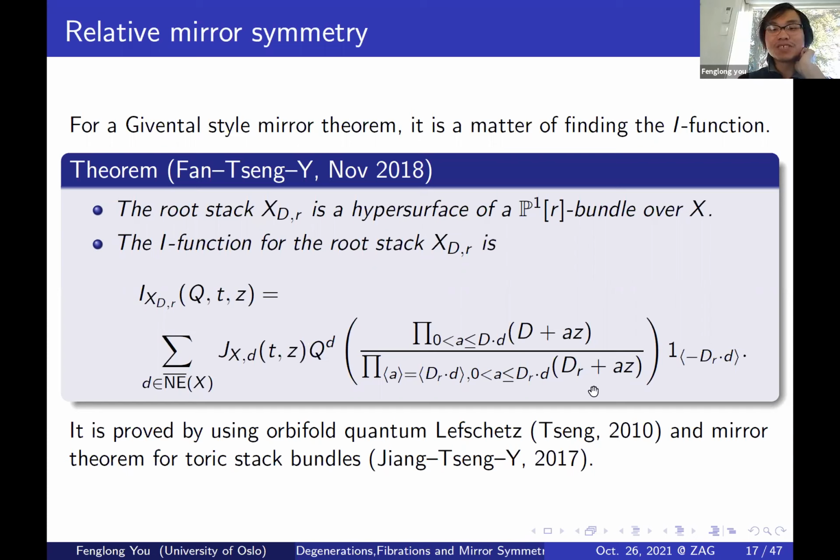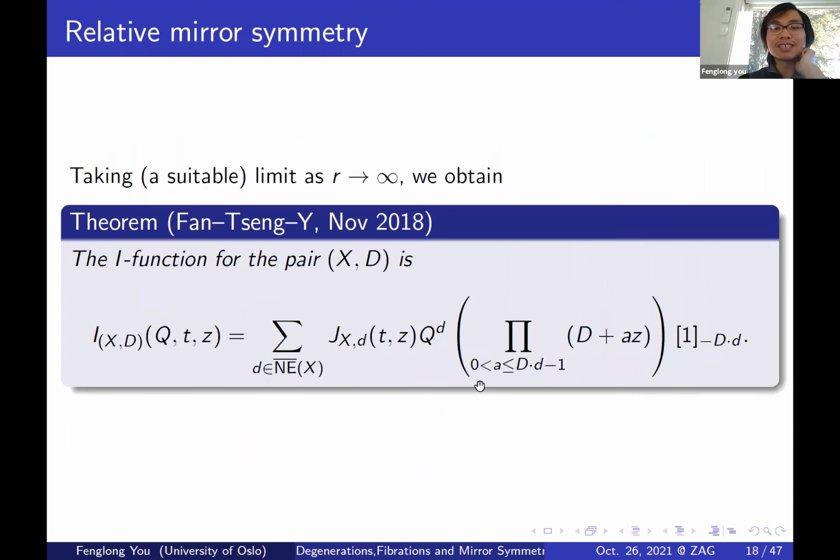For this formula, as r goes to infinity, we get the I function for the pair. So the mirror symmetry statement for the pair is that this function equals a generating function of Gromov-Witten invariants of this pair with some mirror map. That's called relative mirror symmetry.